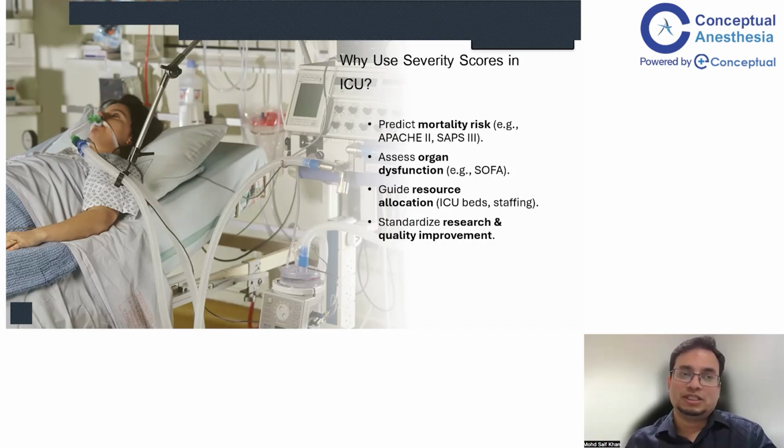Okay, so that will also help policy makers to rationalize the resources to ICU. So it has a value for everybody: for the patient's family, for the doctors, for the policy makers, for the hospital administrator. Everybody should know how sick the patients are in ICU.